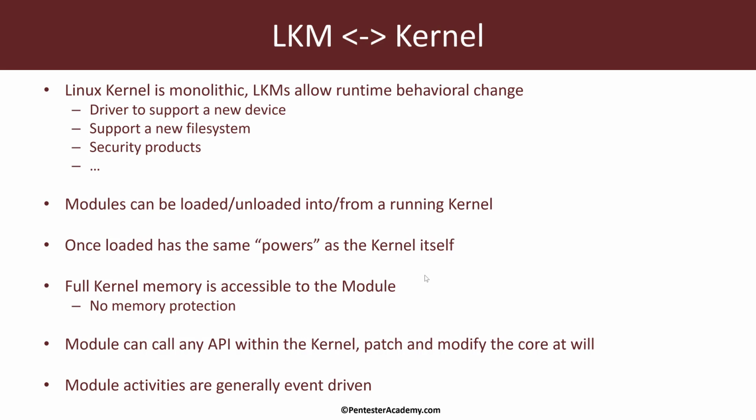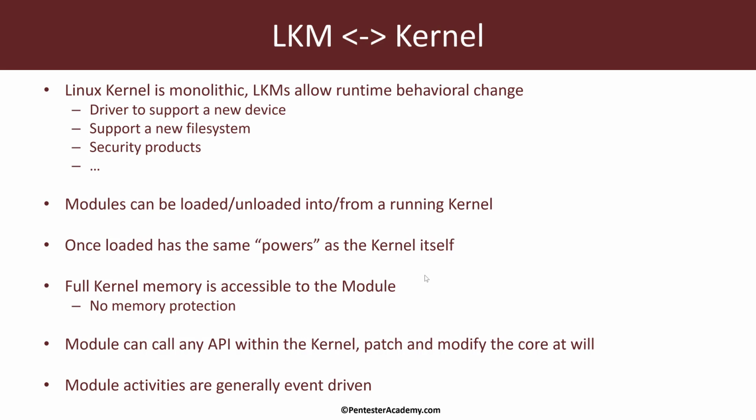So examples of kernel modules are device drivers. A lot of times on Linux, you would find that if you bought a new wireless card, we go on that hunt for finding the right drivers and making everything work, right? Drivers are typically LKMs. Now, other examples of LKMs include file system drivers, security products where maybe you're doing some kind of rootkit hunting, etc., and many other possibilities.